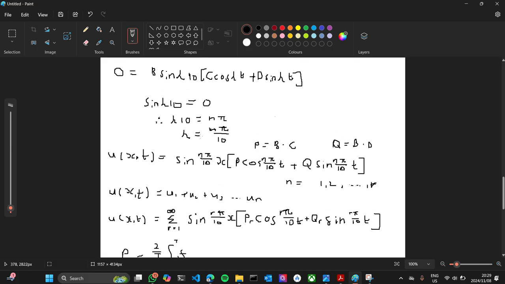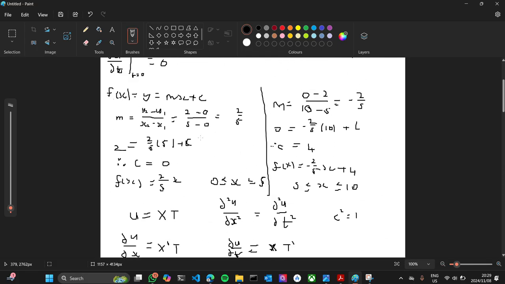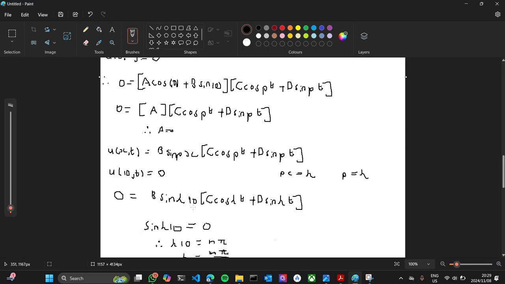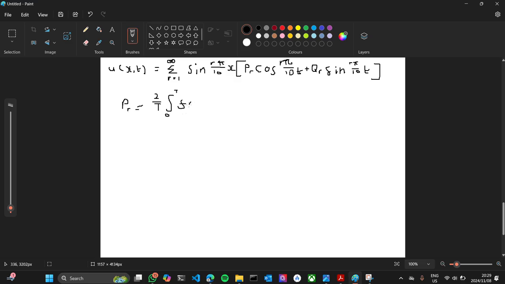This is where we use those equations that we found earlier, right? F of x multiplied by sine n pi of x over t.